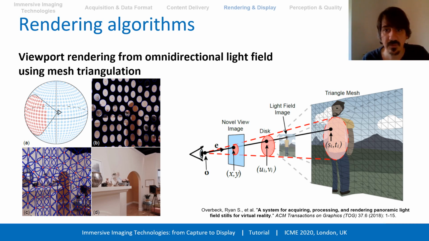So this is in a way replacing the bilinear interpolation used in the two-parallel plane rendering. And then the ray is projected onto the image corresponding to that disk to fetch the color information. And the image itself is mapped onto a triangle mesh corresponding to the scene geometry. So the final value of the pixel in our novel viewport is the weighted sum of all the disks intersected by the ray.